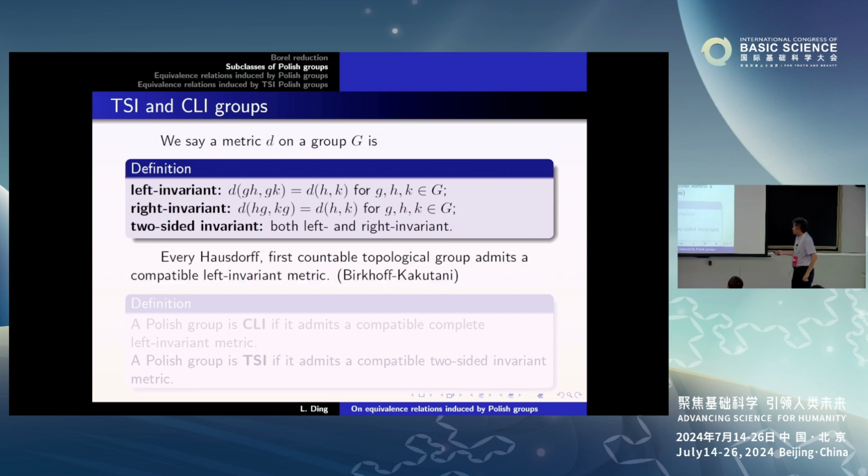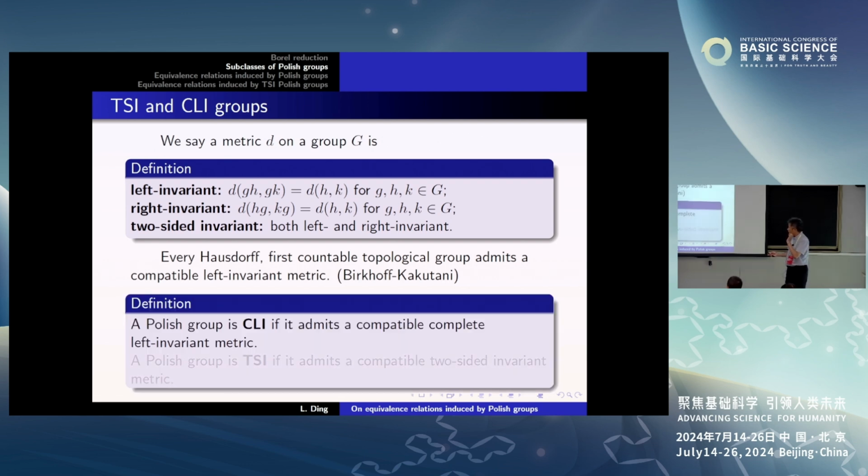Now, for a Polish group, there is the Birkhoff-Kakutani theorem, which says that for any Hausdorff first-countable topological group, we can find a compatible left invariant metric on it. So for a Polish group, we can find a complete metric on G, and this theorem tells us that there is another metric which is left invariant.